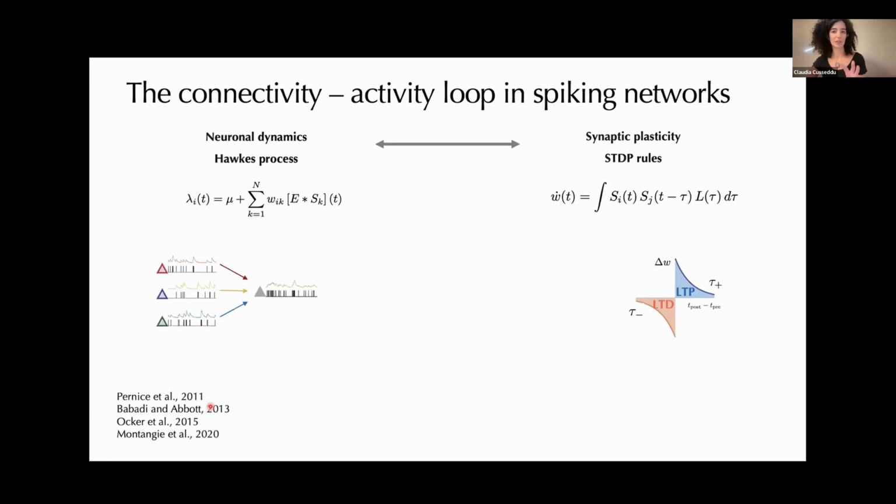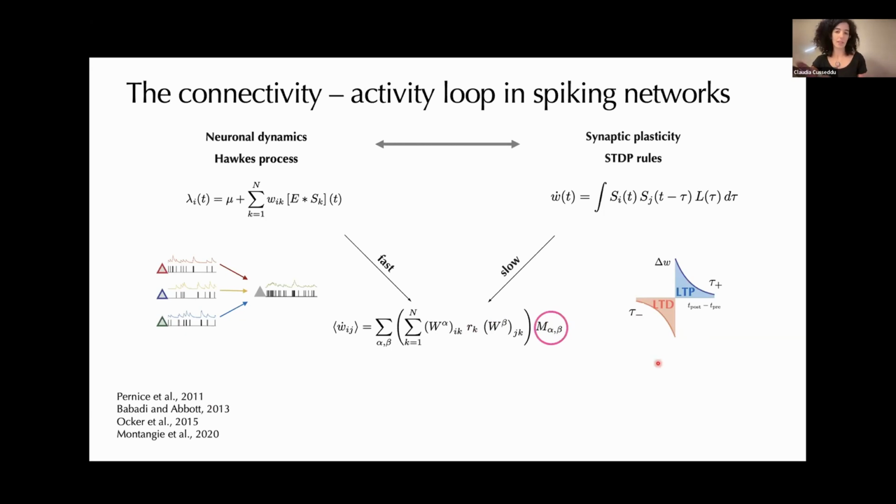Namely, synaptic plasticity occurs much slower than neural dynamics, which are much faster. And in this framework, we can actually compute the averaged weight evolution over time analytically through a simple equation, which depends on firing rate, that we are calling R here, and the connectivity matrix. But what we want to focus on in this work are these coefficients M, which are directly linked to the STDP kernel.